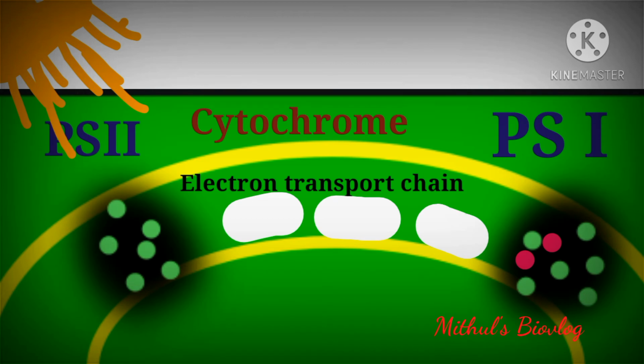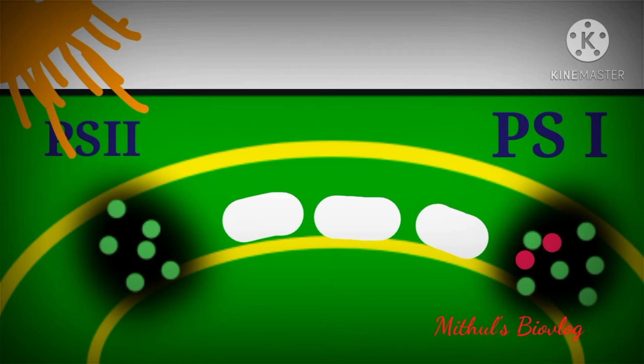Now you can see one thing here. When the electron was transferred from photosystem 2 to photosystem 1, now photosystem 2 is vacant of electrons. Since this is a continuous process, that should not happen. Photosystem 2, which starts the reaction, should not remain free without electrons. So how will the electron be made available?